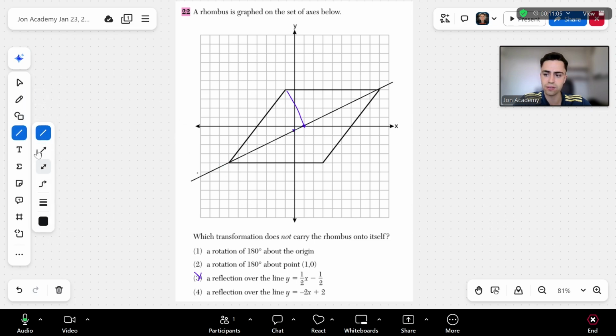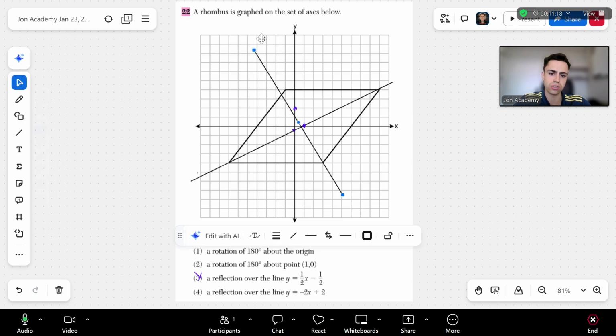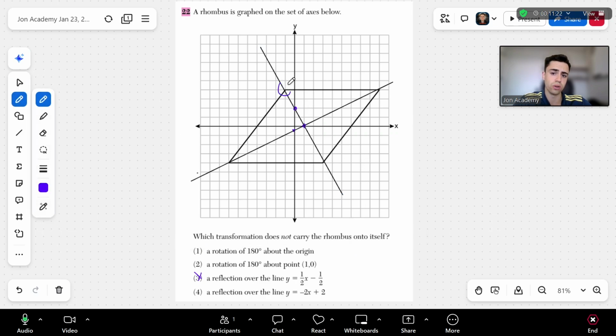The other reflection we can draw will be with y-intercept 2 and slope minus 2. Minus 2 brings us there. And that one is also this other one. So this one also leaves these ones fixed, as they are on the reflection line, and the other 2 flips them.